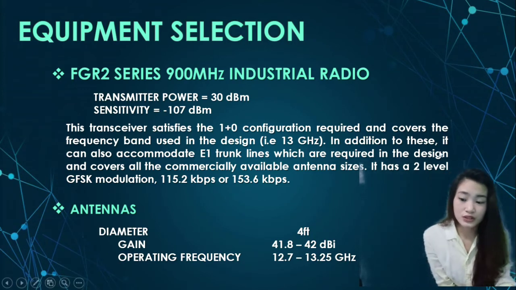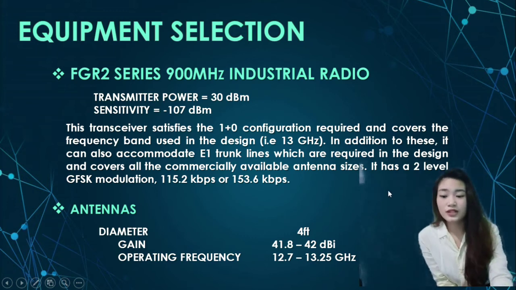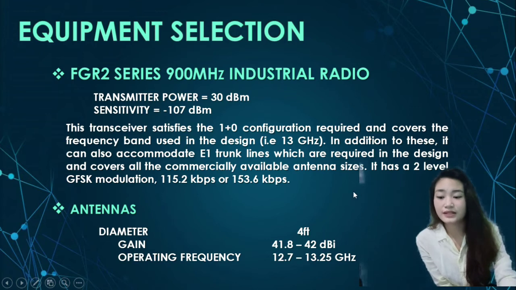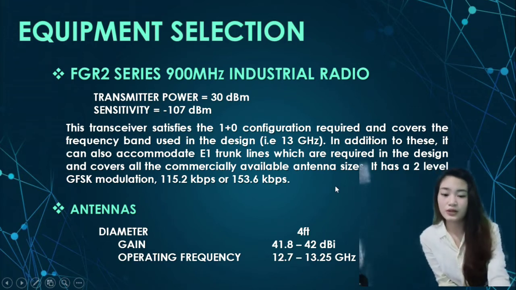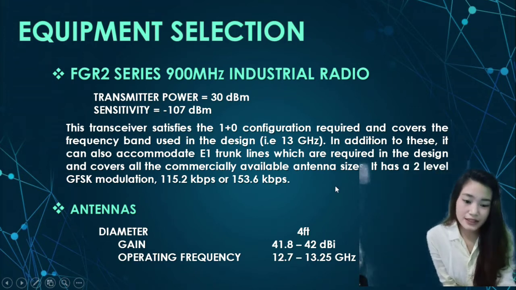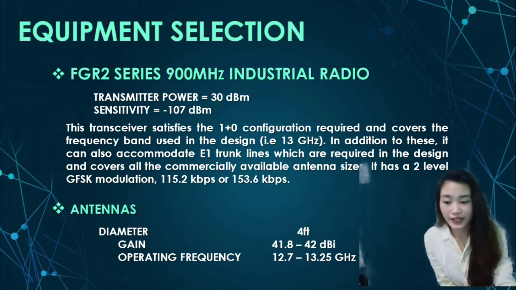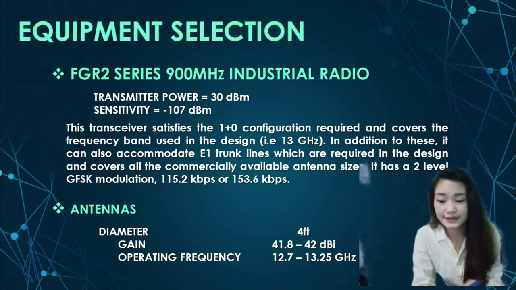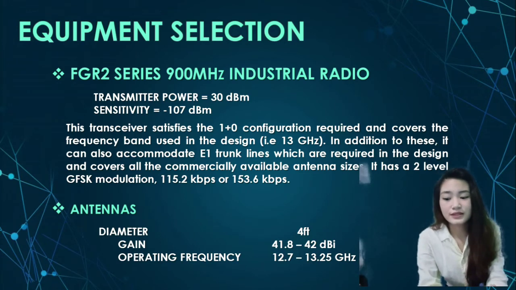In addition to this, it can also accommodate E1 trunk lines, which are required in the design, and covers commercially available antenna sizes. It has a two-level GFSK modulation, 115.2 kbps or 153.6 kbps. Second one is the antennas.